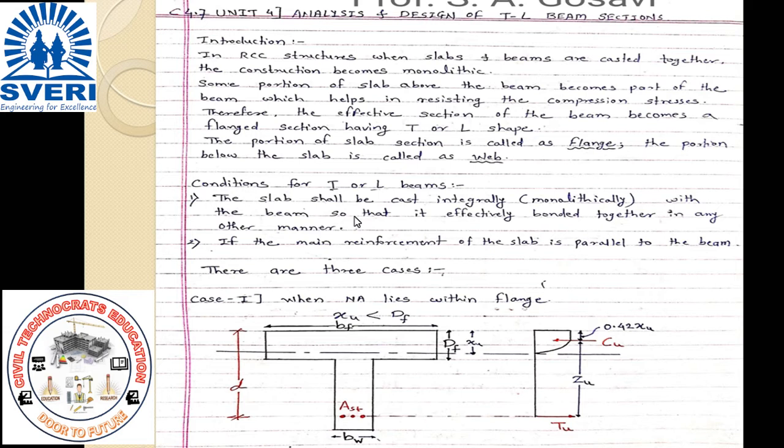I am talking about RCC beams. Don't imagine steel beams. Steel beams have various rolled sections, different cross sections. But in the case of RCC beams, any beam you take has a rectangular cross section.